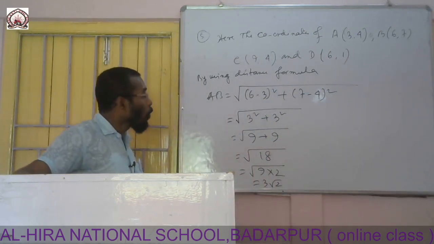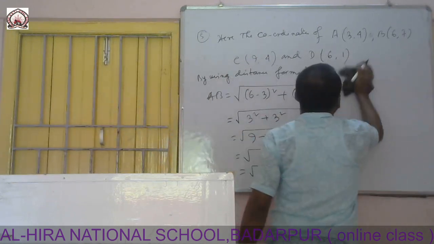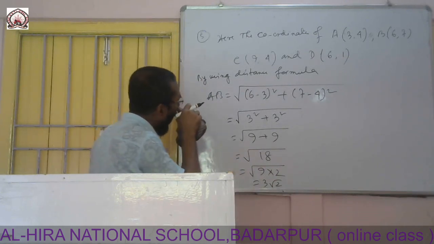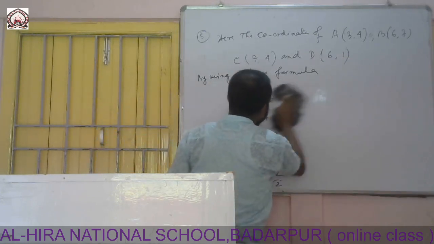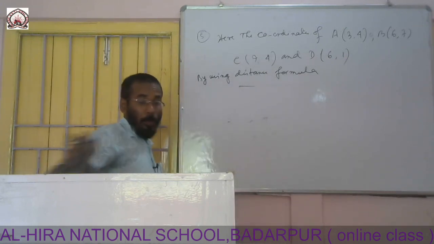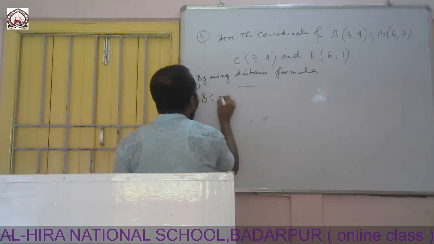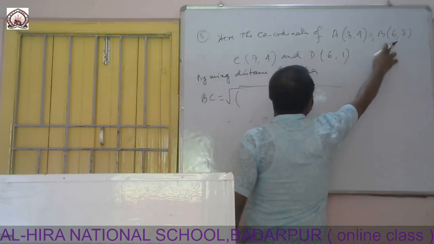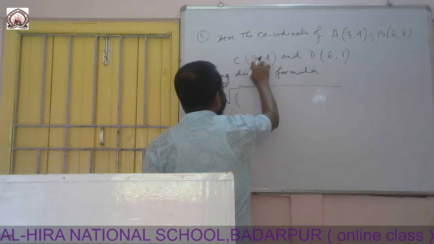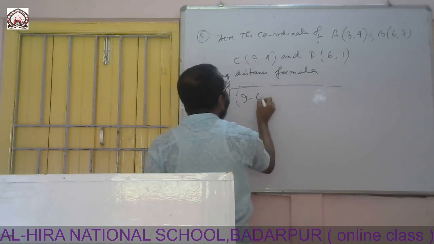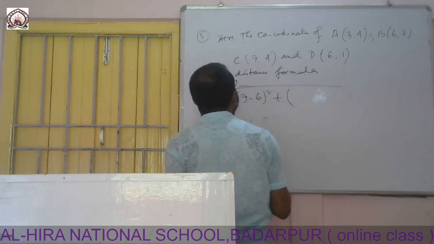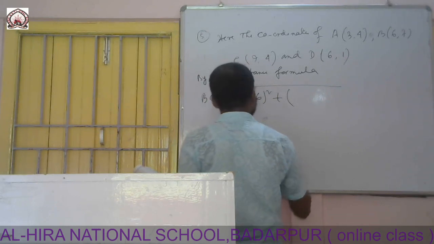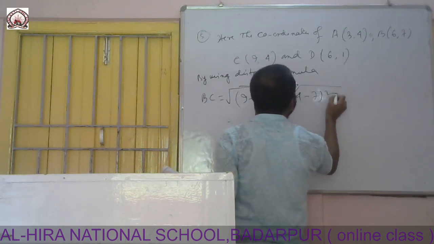Like this we are finding BC. BC is square root of, B is this one and C is this. So x3 is 9 minus 6 whole square plus y3 is 4 and y2 is 7, so 4 minus 7 whole square.